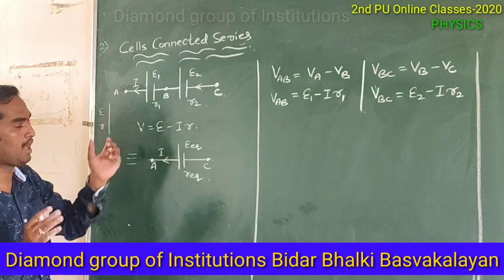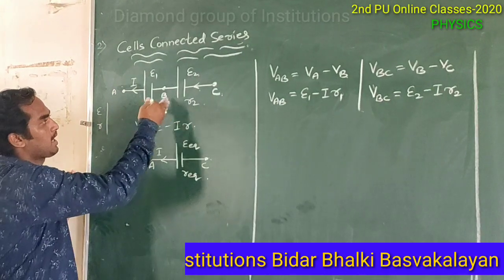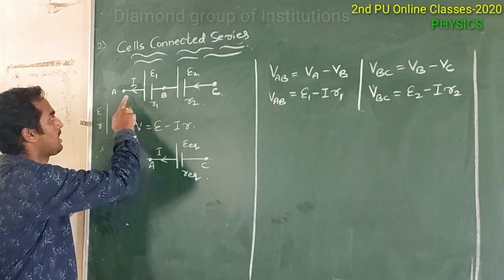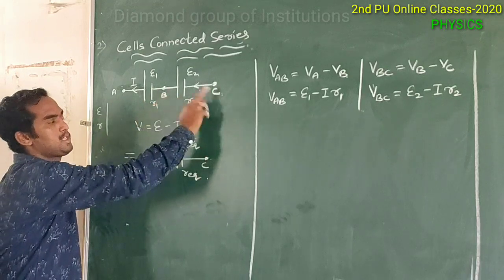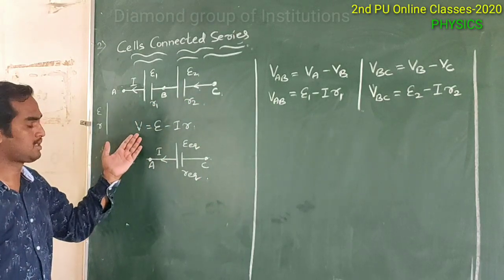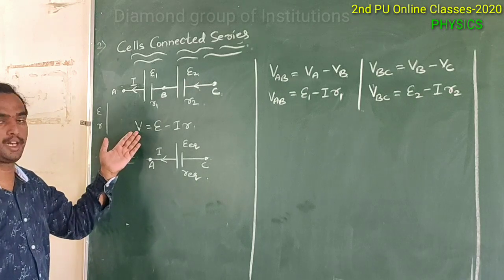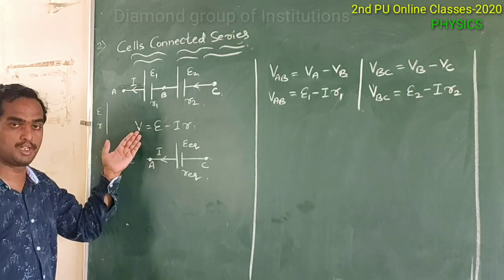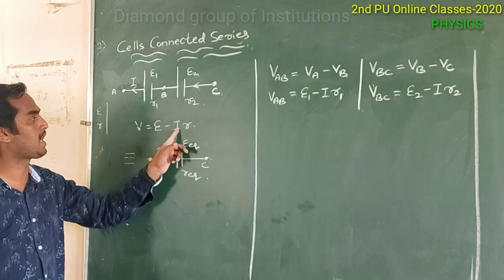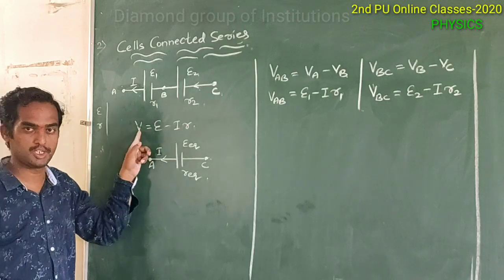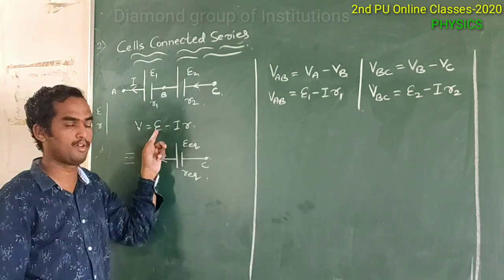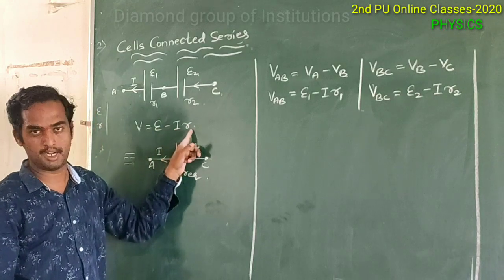Here we have taken two cells, both connected in series combination. See here, A to B and B to C. And here is the mathematical expression for potential difference, V equal to E minus I into R. V means potential difference, E means EMF, I means current, R means internal resistance.